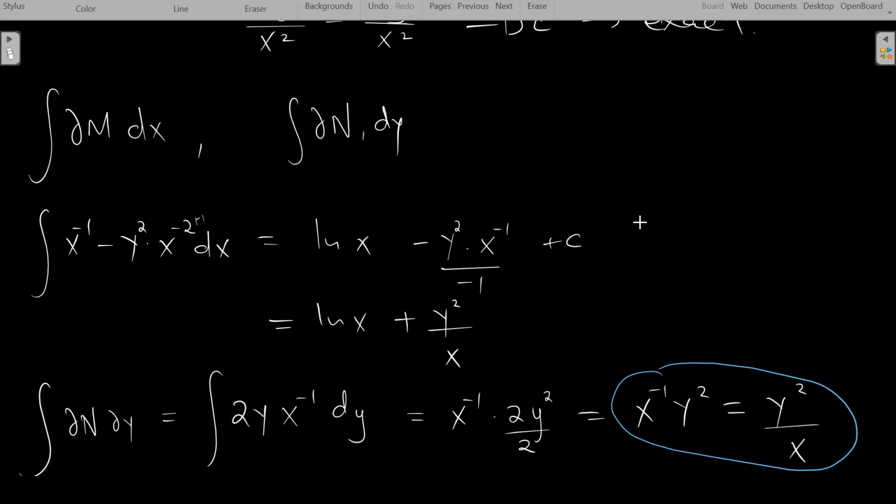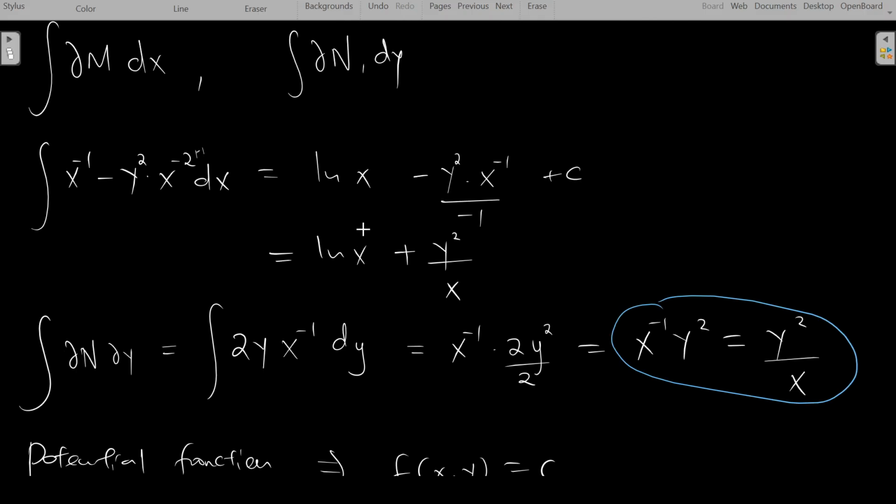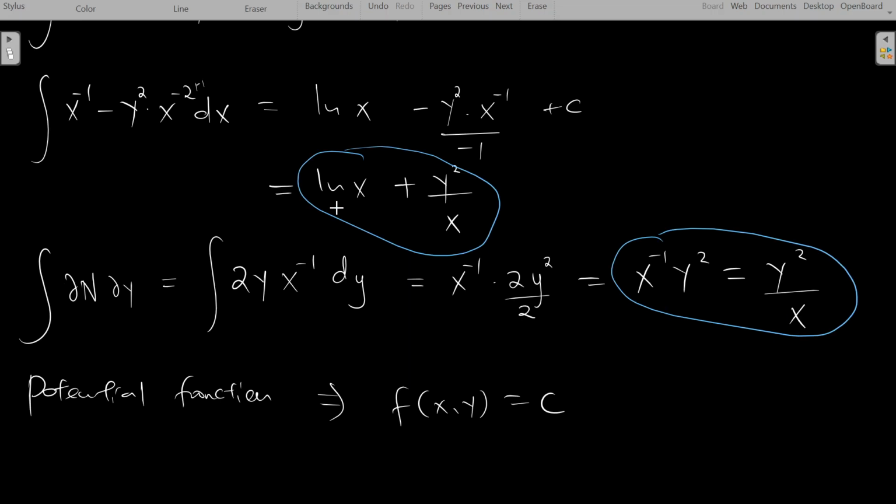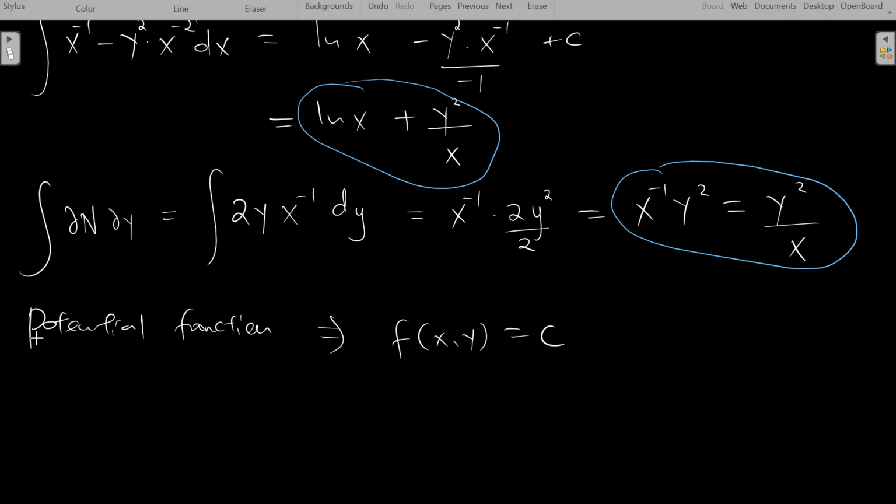This is our first answer, and this is our second answer. I'll write every term without repeating itself. So our potential function f of x y is ln of x plus y squared upon x. As you can see, y squared upon x has repeated itself, so we won't write it again. So this is our answer, then I'll equate it to a constant term.